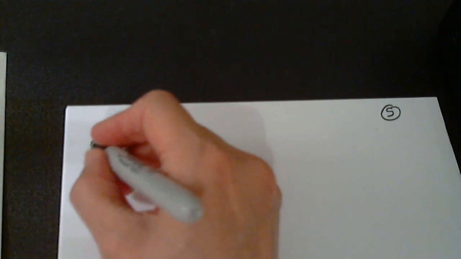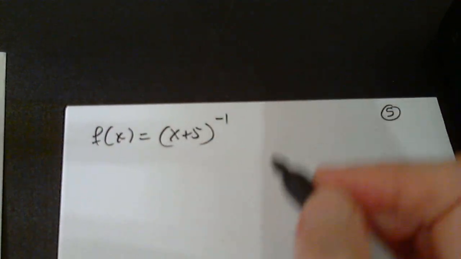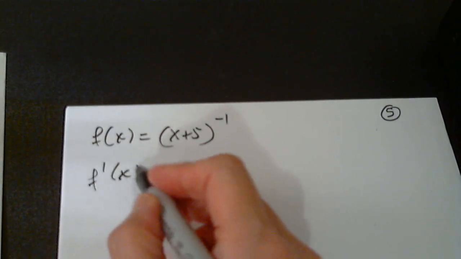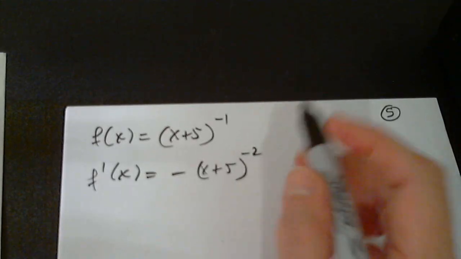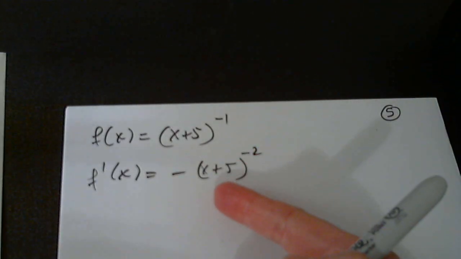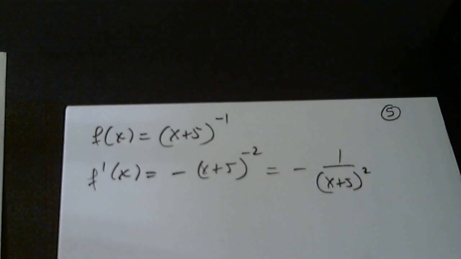Okay, so like before, this becomes quite easy. So f of x is (x plus 5) to the negative 1. So of course the first derivative will be negative (x plus 5) to the negative 2. Remember, times the inner function's derivative, which luckily is 1.